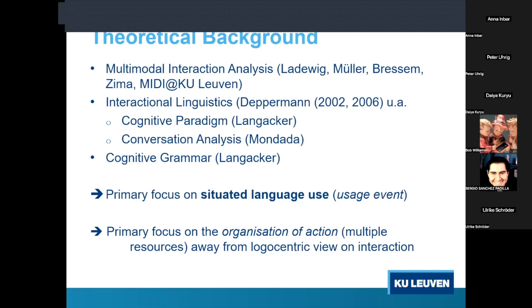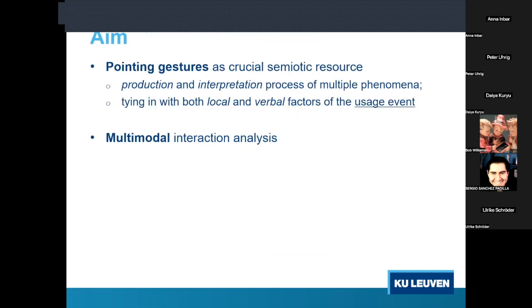Okay. All right. My aim is to show you that pointing gestures really operate as a crucial semiotic resource in the process of meaning making, both in the production and interpretation process. And as such, they tie in with local and verbal factors of the usage event.